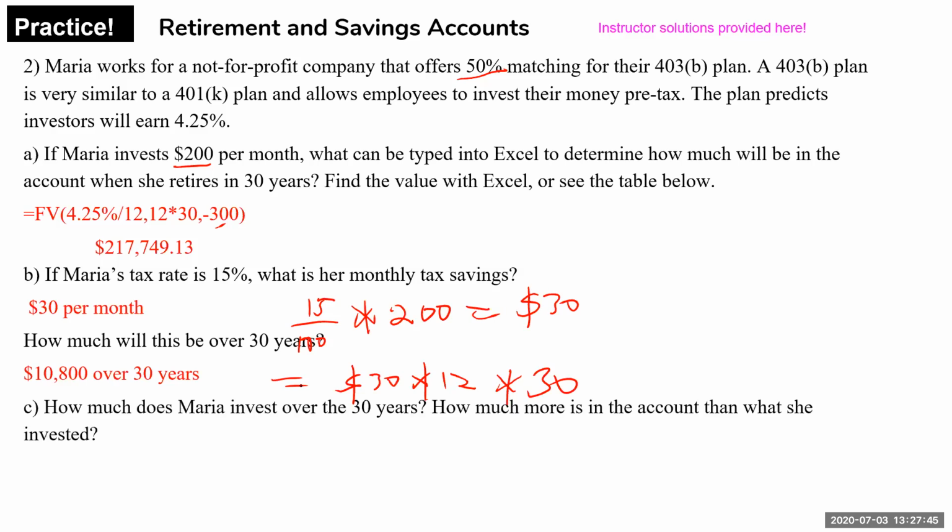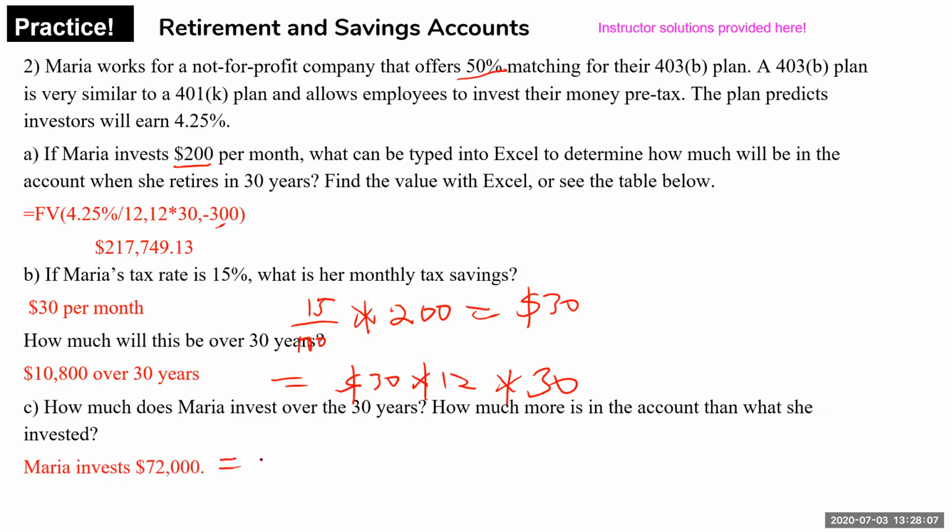Now, how much does Maria invest over the 30 years? And how much more is in the account than what she invests? So Maria is actually doing 200, right? Multiplied by 12 and multiplied by how many years? 30 years. And that gives you that.